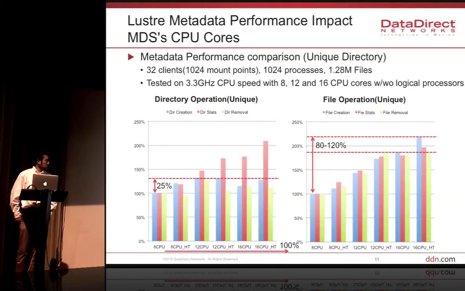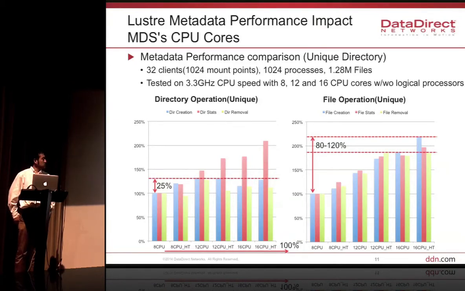This is a very interesting result. We see significant scaling in performance, the scalability, on the stat operation and the directory operation. However, directory creation and directory removal are not much improved, even with a 100% increase in the number of CPU cores.